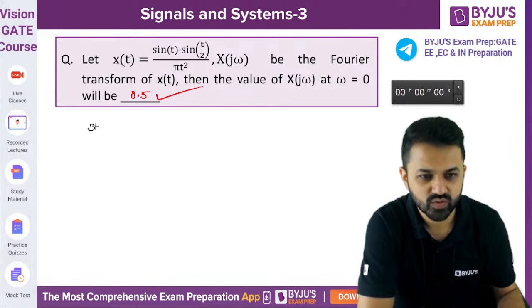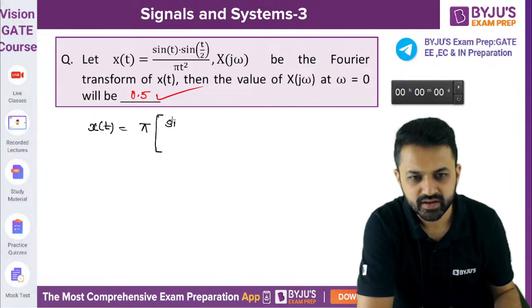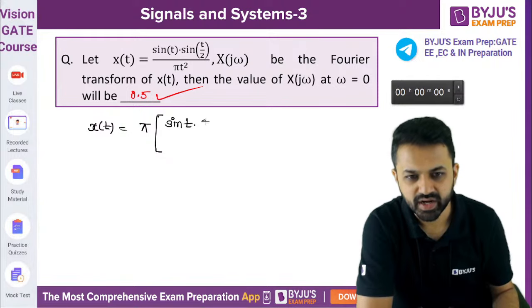Okay, let's see how. X of t equal to pi in bracket, sine t multiplied with sine t upon 2, whole divided by pi square t square.